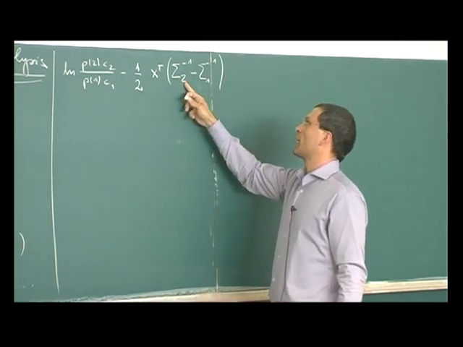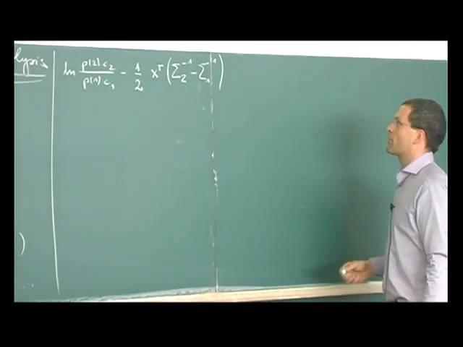So this is the covariance matrix for the second class and the covariance matrix for the first class.